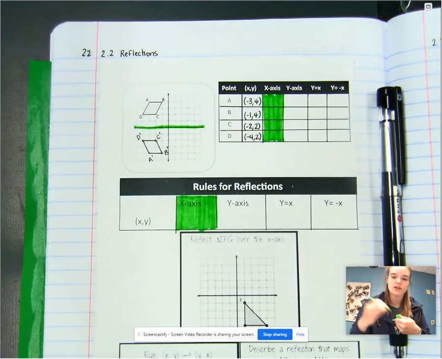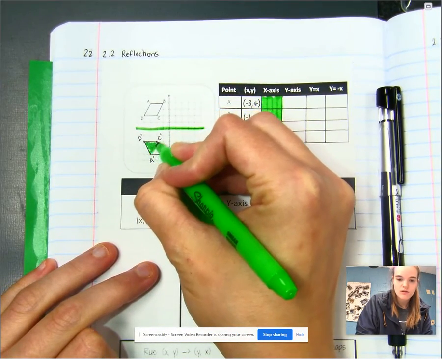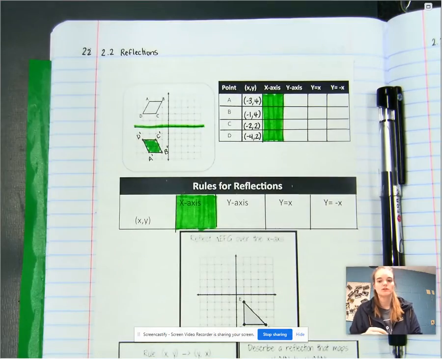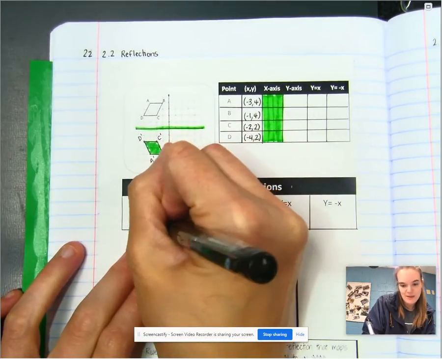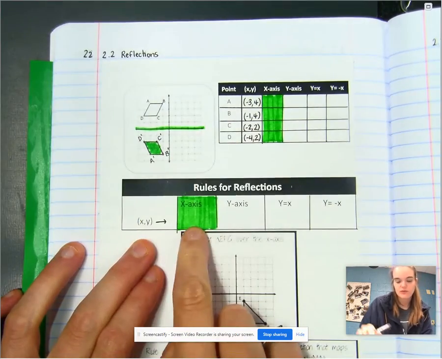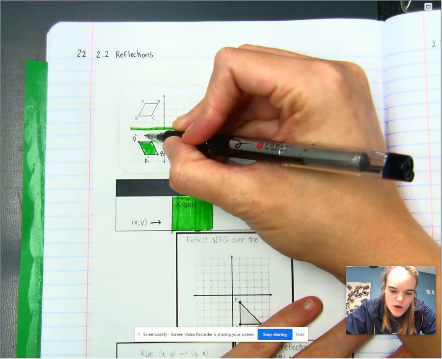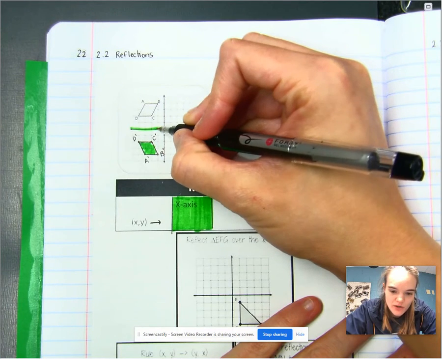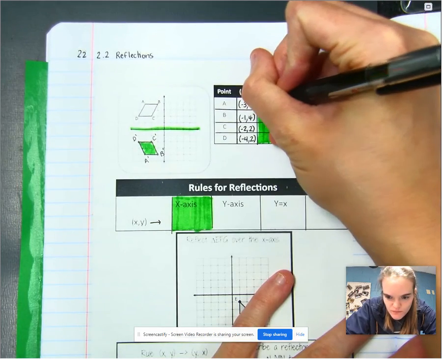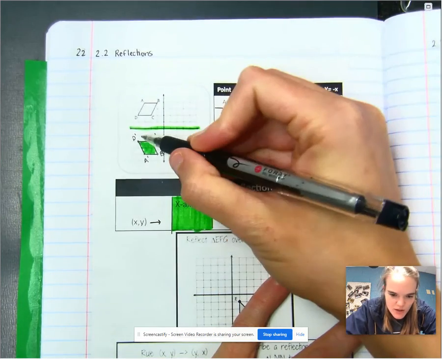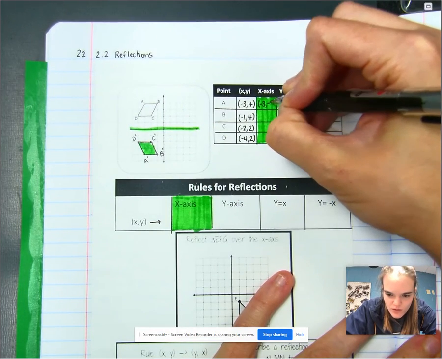Alright, here is a reflection across the x-axis. We're going to list the points and see if we can determine a rule where xy maps to one of these. Okay, A prime is at negative 3, comma negative 4.